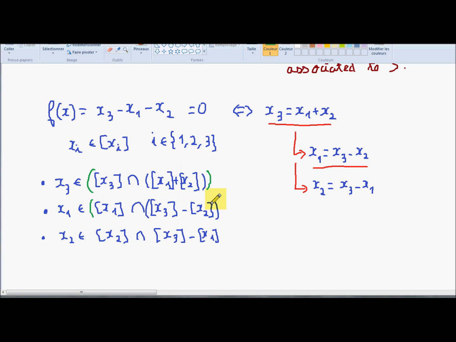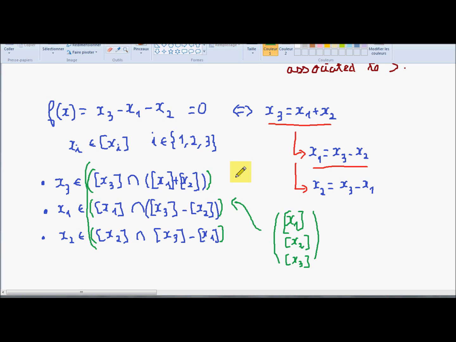So my contractor will, from the three intervals [x1], [x2] and [x3], compute these three new intervals.